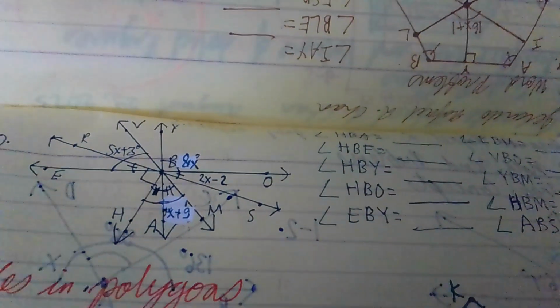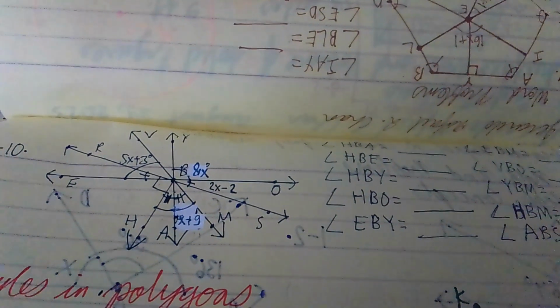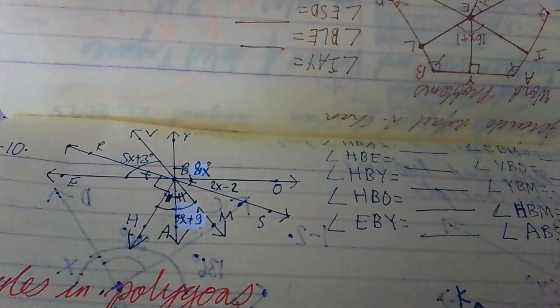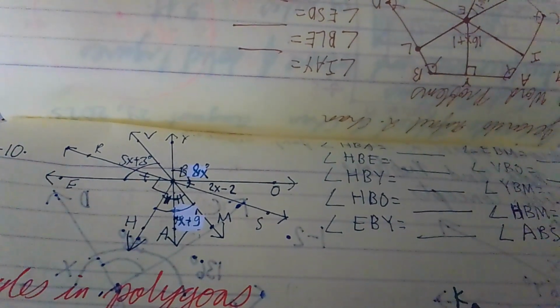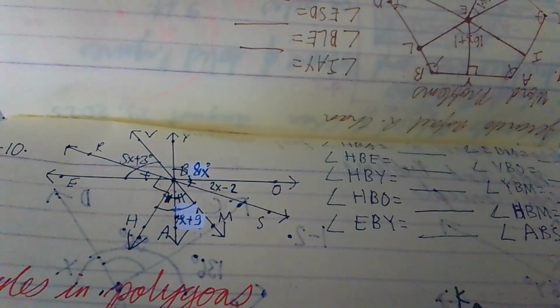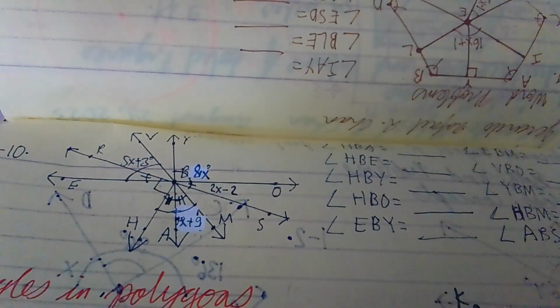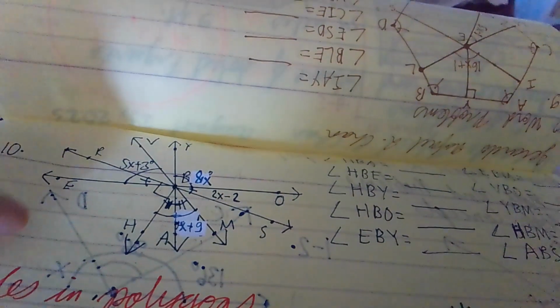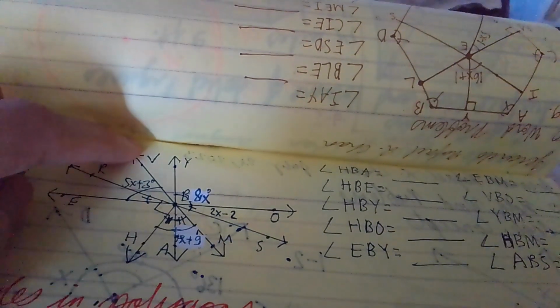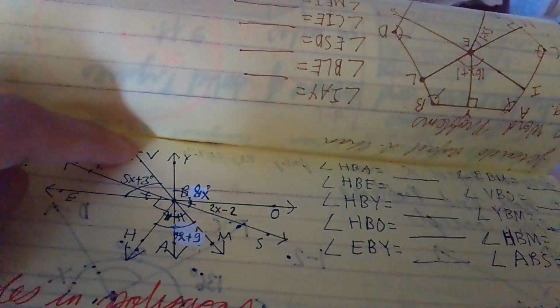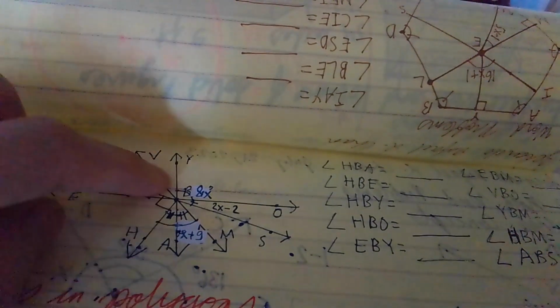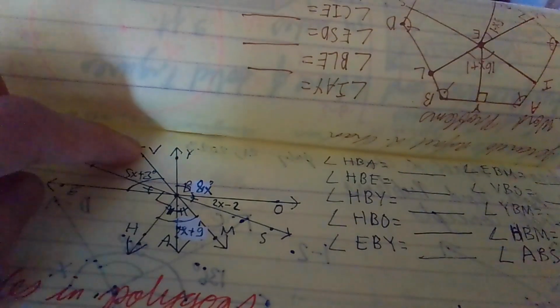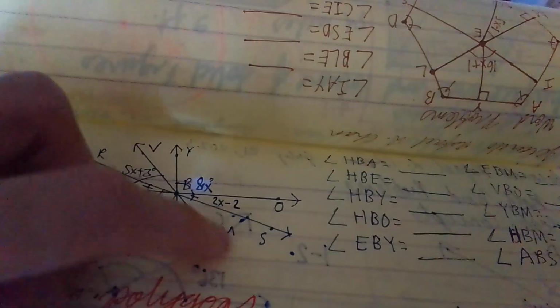First, remember, do we find a vertical pair somewhere? Yes. Angle EBV. By the way, the 5x plus 3 degrees pertains to the measure of angle EBV. So is there another pair of vertical angles with that measure? Although it can be tricky, so you have to trace where the straight line is.